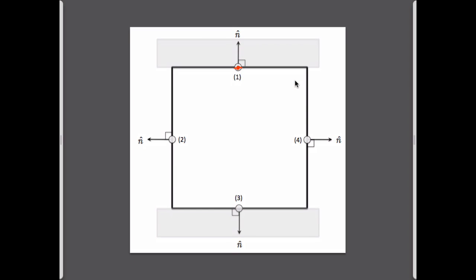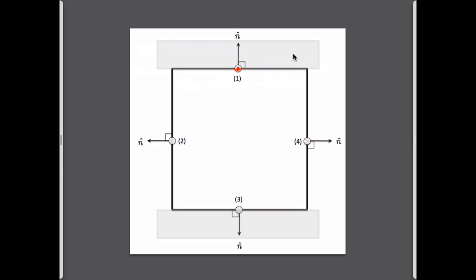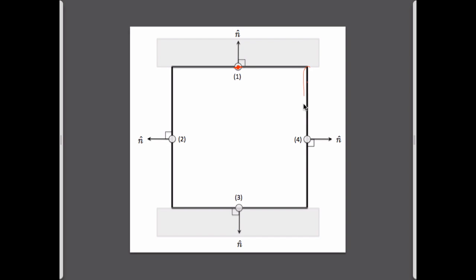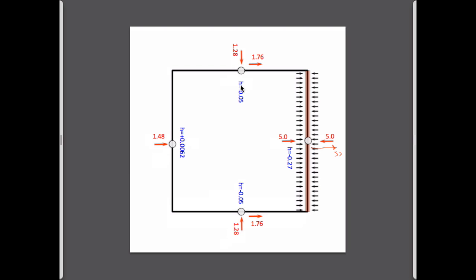And we're going to do the same with the final location. We're going to put something on here, and we want to know what its influence on the velocity is here. And of course that is, I guess, this. So the velocity is here. It's normal to the boundary that we want, so it's going to be minus 1.28.